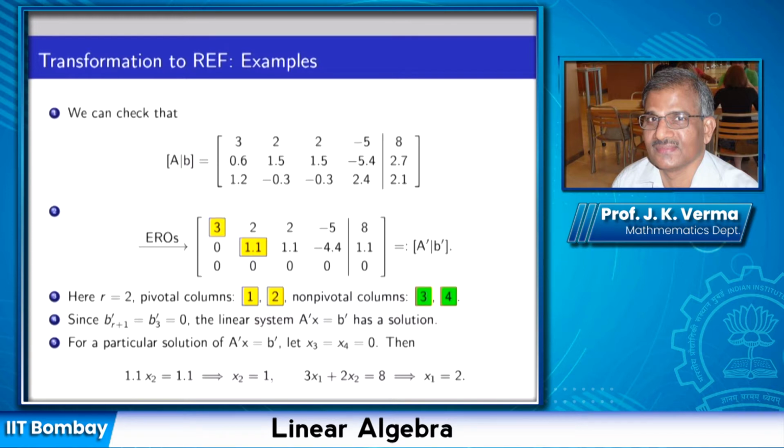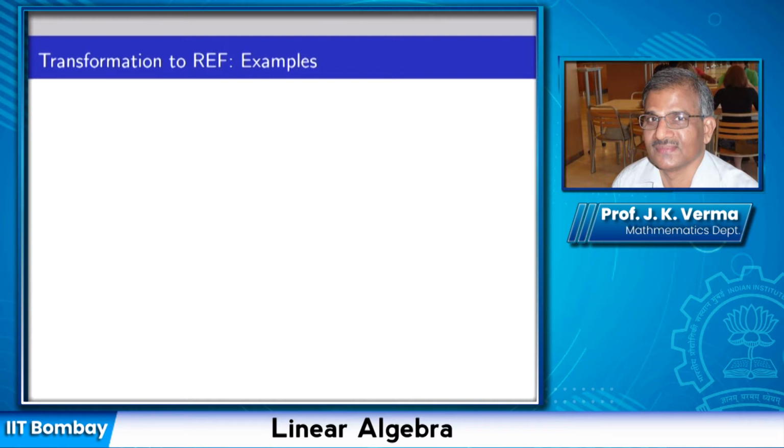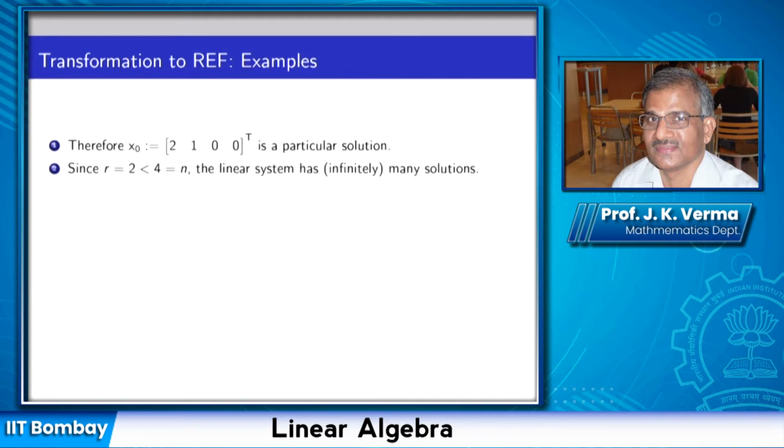Then that gives me x2 equal to 1 and x1 equal to 2. x3 and x4 are equal to 0, and therefore 2, 1, 0, 0 is a particular solution of the equation Ax equal to b.